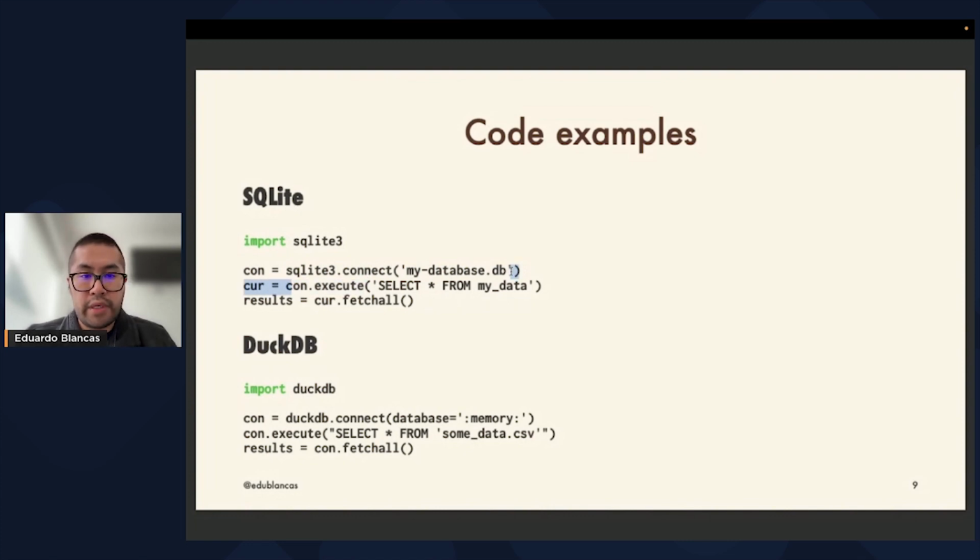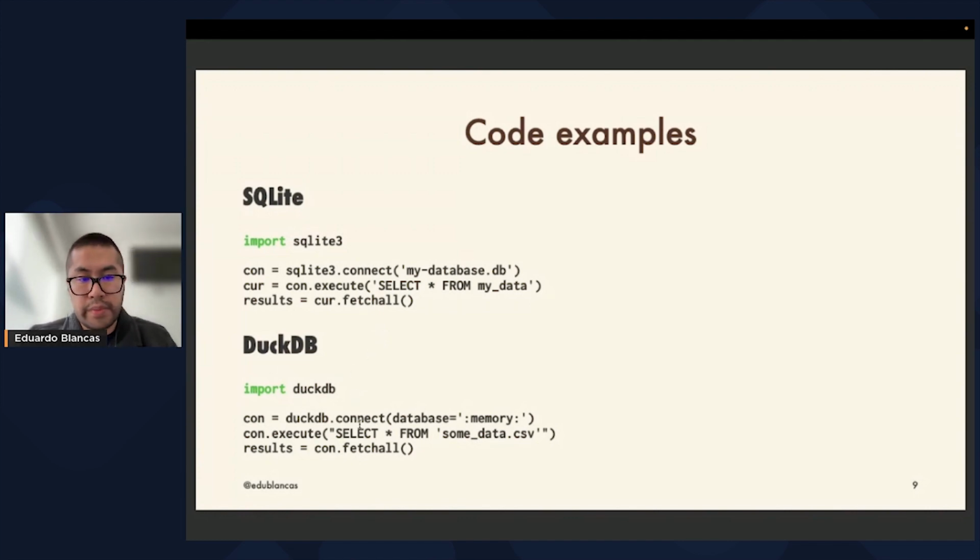And then you can start running queries. I'm calling the execute method, passing this SQL command, and then I can get the results. SQLite is taking care of manipulating and transforming the data. I don't have to worry about memory because SQLite is doing that for me.